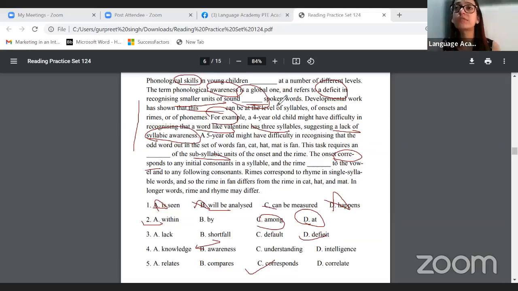Among will use out of 5, you have to select 1. So when you have to recognize sounds among words, that will be out of the words 1. But within means in the words you have to recognize the sounds. Like they gave the example that Valentine has 3 syllables. So in Valentine we have 3 syllables, right?